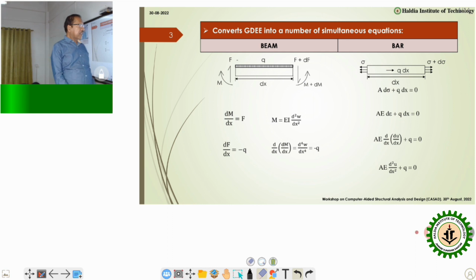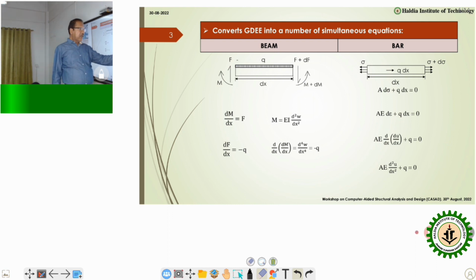So in that case, d sigma, one can say, is a product of Young's modulus of elasticity E into the increment in the axial strain d epsilon, plus q dx. That becomes 0. That's the next step here. Then we can again write for epsilon, that will become du by dx.